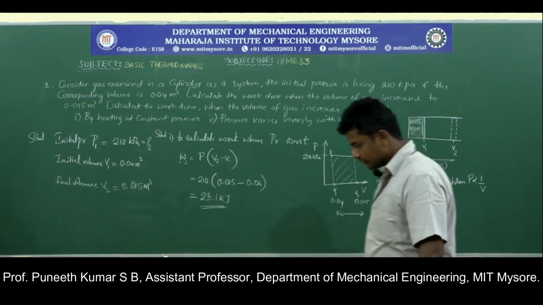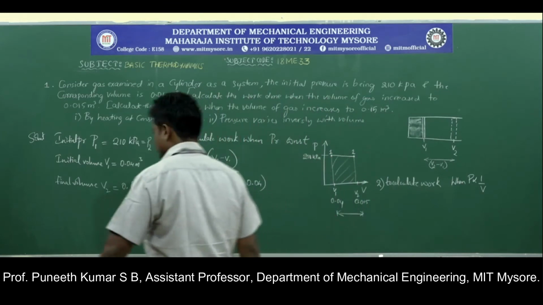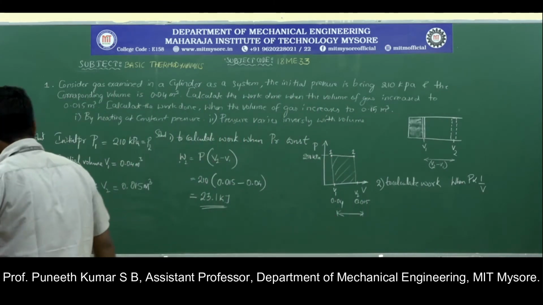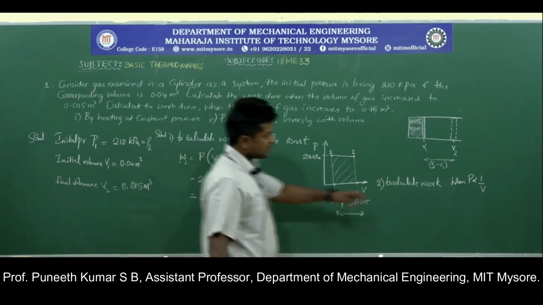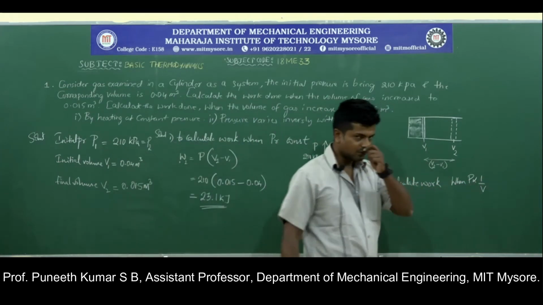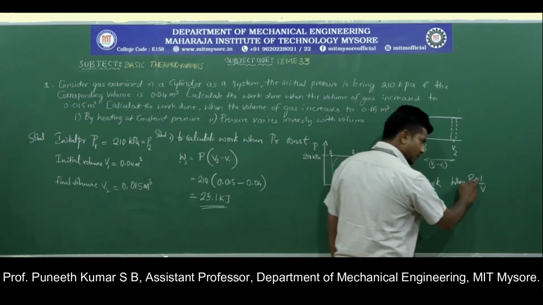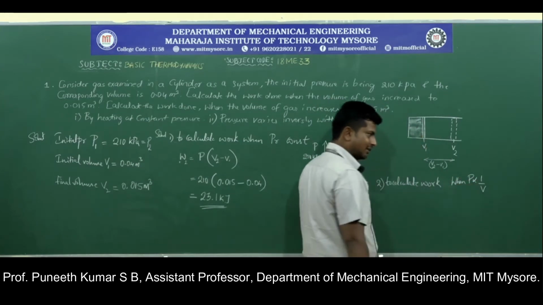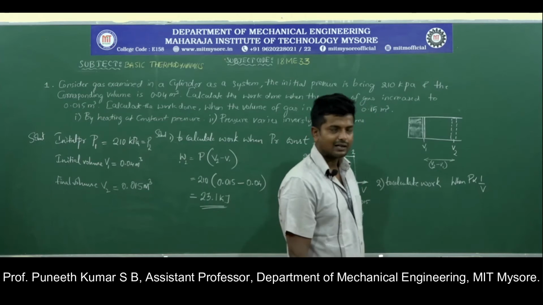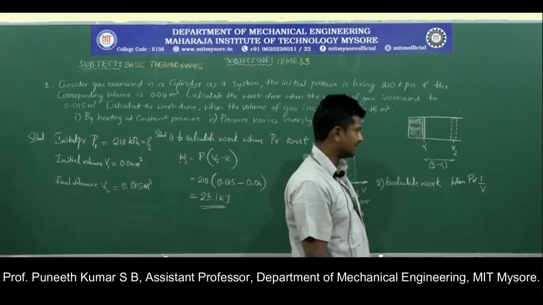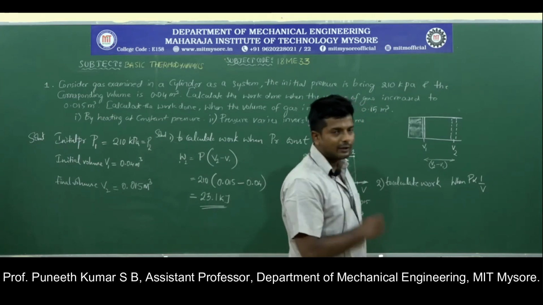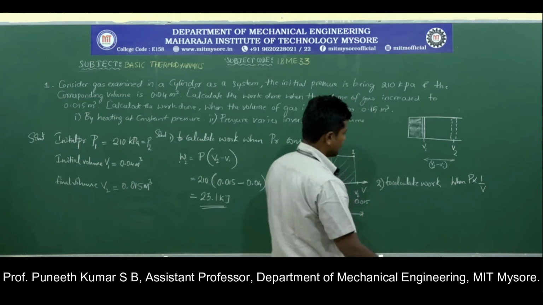So this is how it looks mathematically: pressure is inversely proportional to volume. If I want to remove this proportionality and replace it by an equal sign, then I need to introduce a constant value.